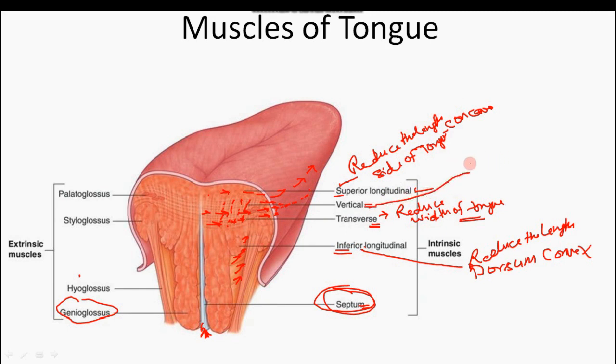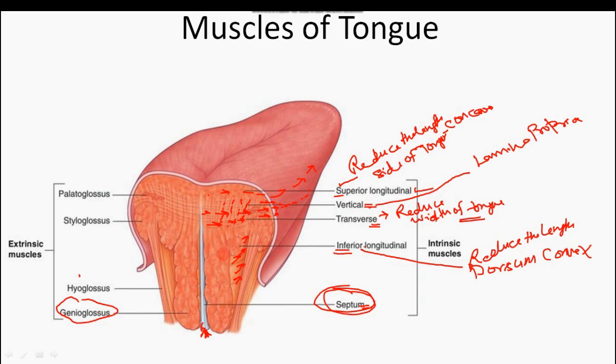The fibers originate from the lamina propria of the dorsum of the tongue, and as we have seen, they move downward, and this one is the genioglossus.